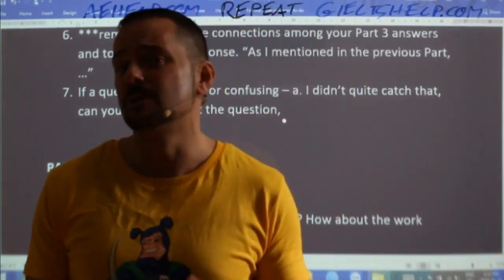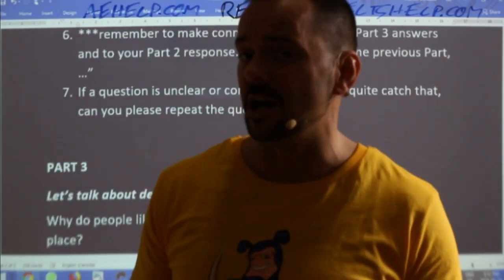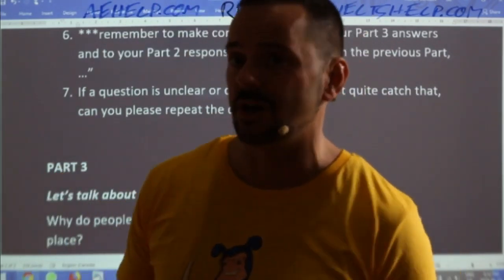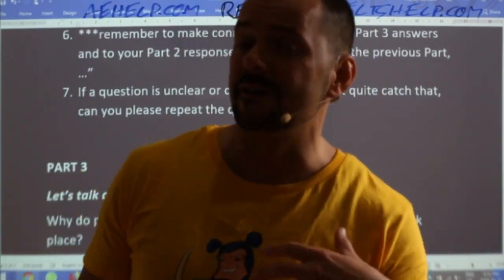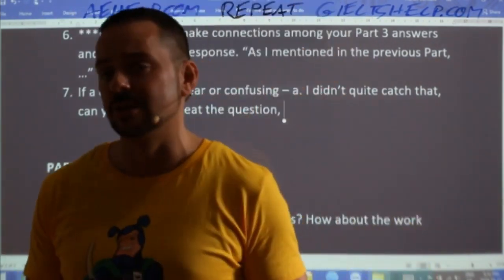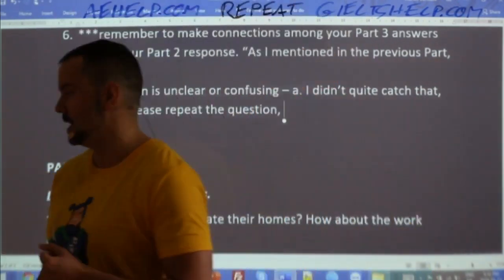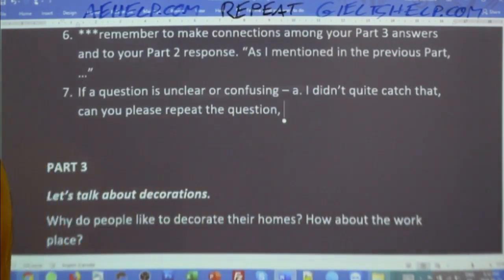They're not supposed to paraphrase because that's extra help, and they're not supposed to give you extra help. This is not a lesson. This is an evaluation of your language skills, so they can only repeat, okay? So I didn't quite catch that. Can you please repeat the question? Or you can try to paraphrase it.